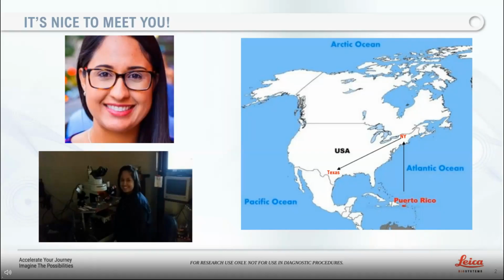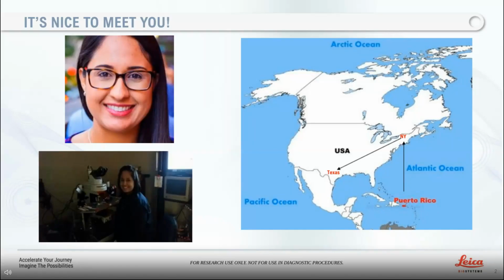Then I moved into a postdoctoral position at the Center for Discovery and Innovation of the City University of New York, where I grew my imaging, histology, and behavioral neuroscience expertise. Before joining Leica Biosystems, I joined the Leica Microsystems team as an account manager for microscopy. I supported the entire microscopy portfolio from compound to confocal and electron microscopy.